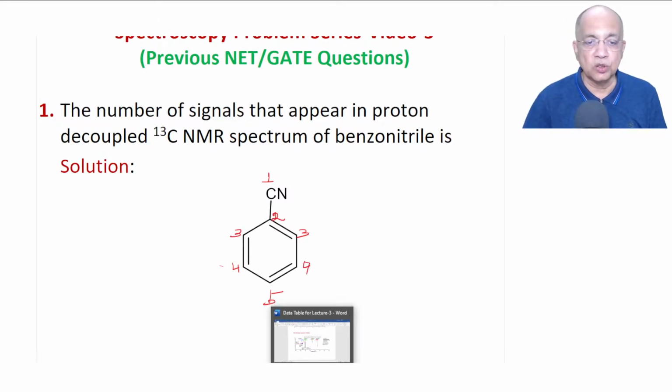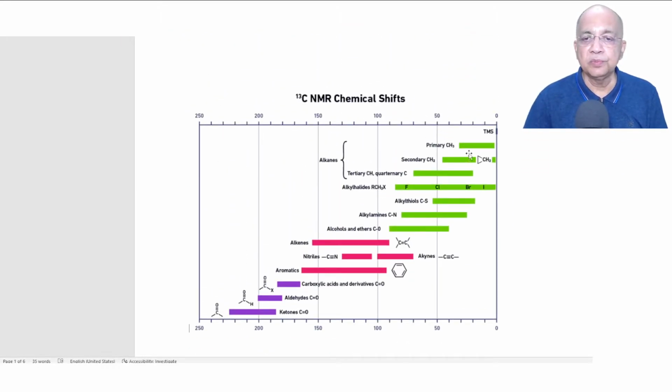These are the sp3 hybridized carbons, CH3, then CH2, and the carbon joining with halogen goes a little more, up to 80. This C triple bond N that we are looking for is about 110 to 130. The alkyne region is a little less, about 60 to 100.